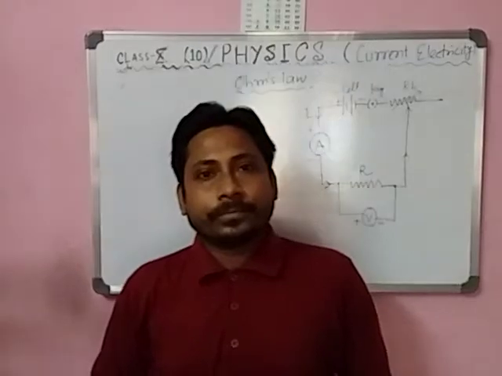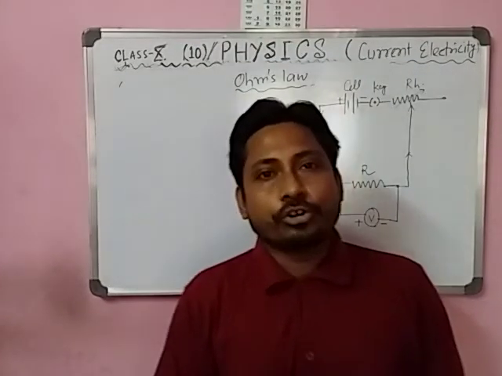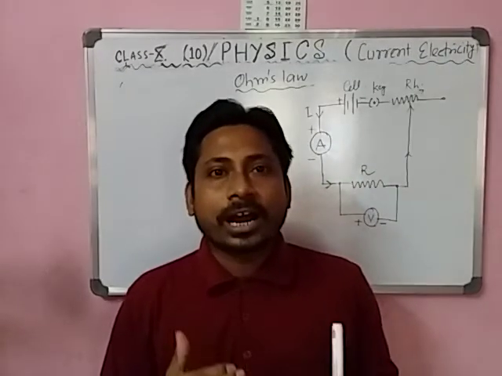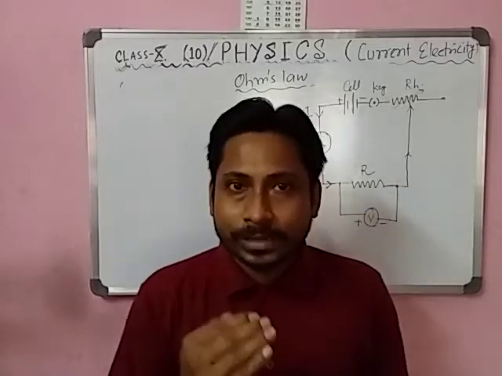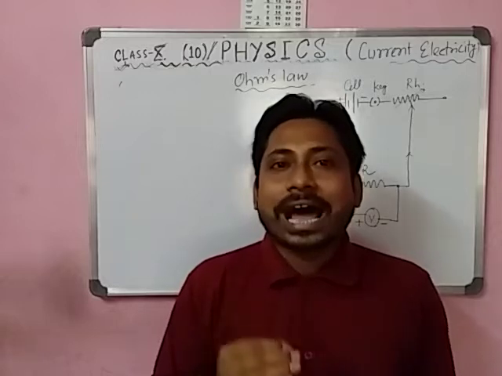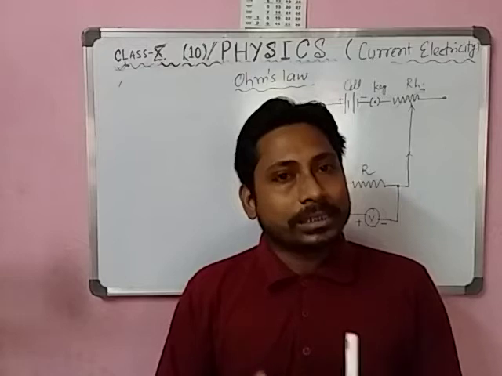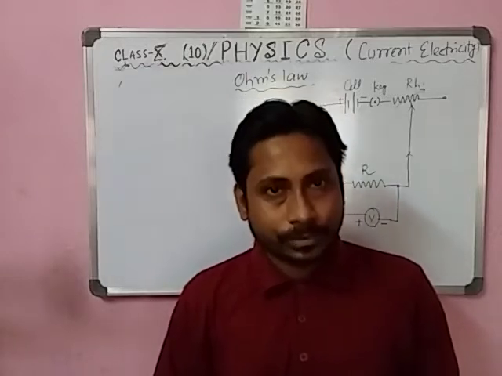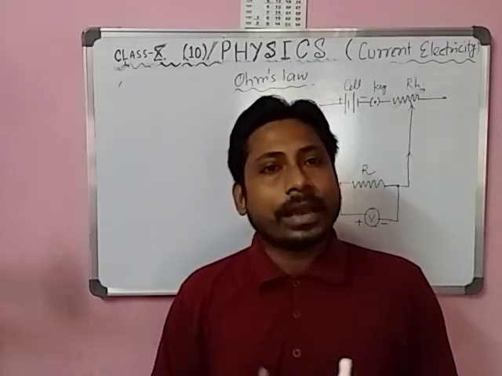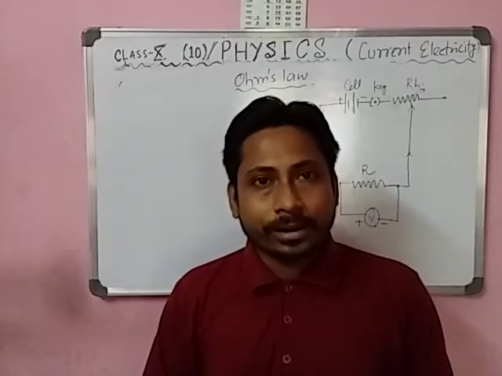Potential difference is directly proportional to the current flowing through the conductor. Students, please say with me, potential difference is directly proportional to the current passing through the conductor, provided temperature and other physical conditions remain unchanged.